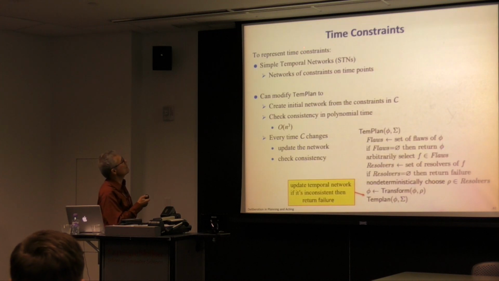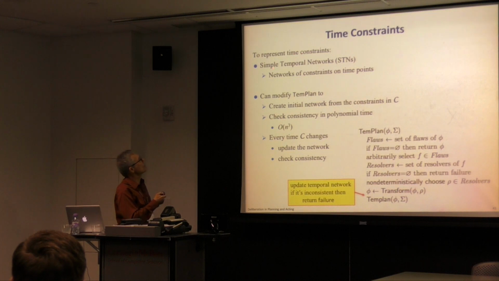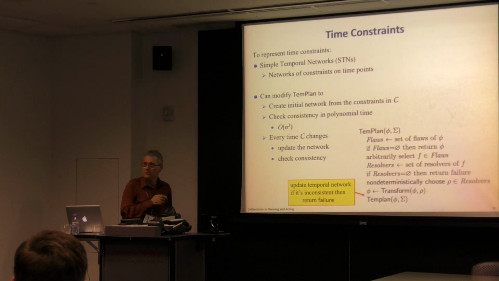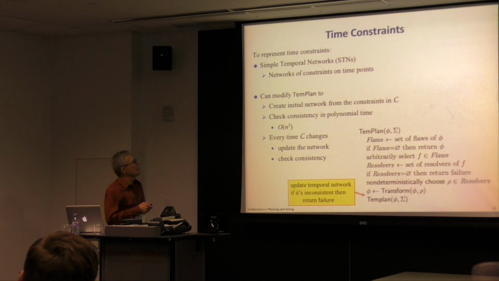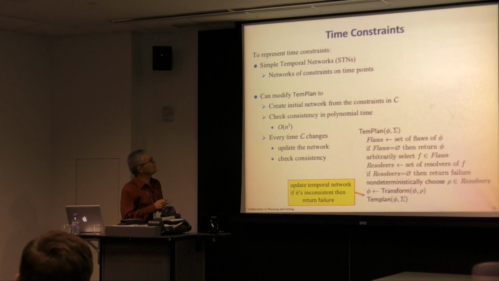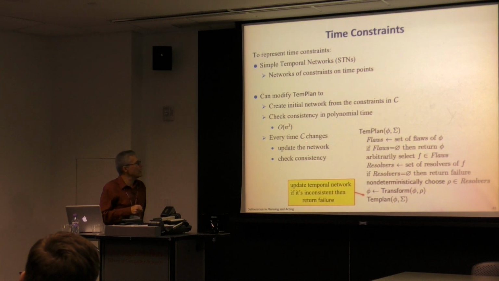Time constraints, to represent them, we're going to use a data structure called a simple temporal network. And that's a network of constraints on time points. And we can modify Templan to create the initial temporal network from the constraints in C, and check the consistency of that network in order n cubed amount of time. Every time C changes, we update the network and check the consistency again.